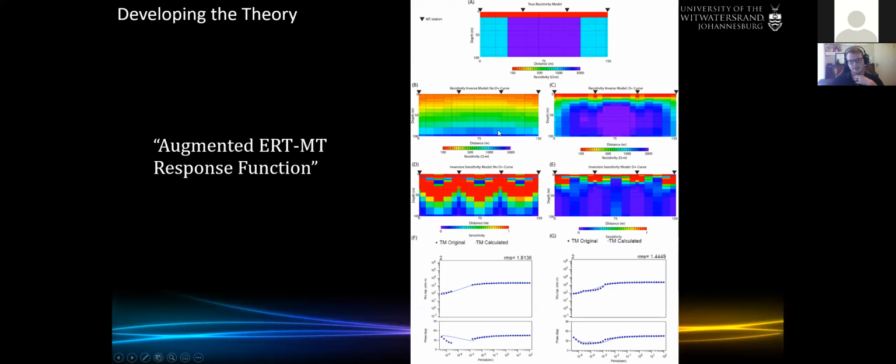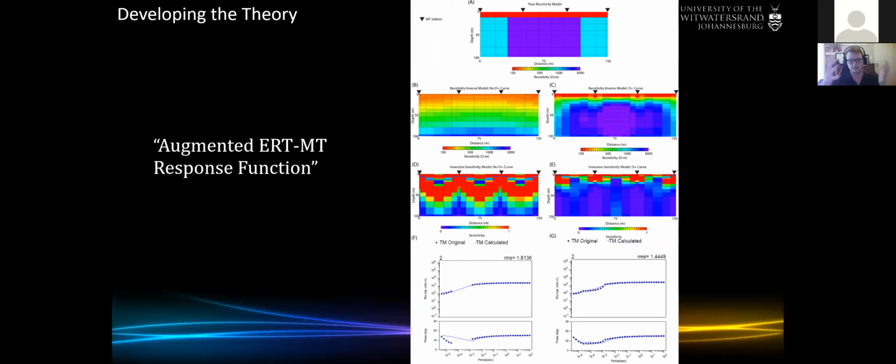And this can again be seen just in the sensitivity models. So over here, you get the very characteristic panther-leg structure where there's no sensitivity below really the conductive overburden. But when we look at the model sensitivity of the augmented function, we actually see that the sensitivity is constrained to the conductive overburden, and the low sensitivity is by the resistor features. Now, sensitivity in the inversion model just gives you a measure of how much those cells have an effect on the inversion routine.